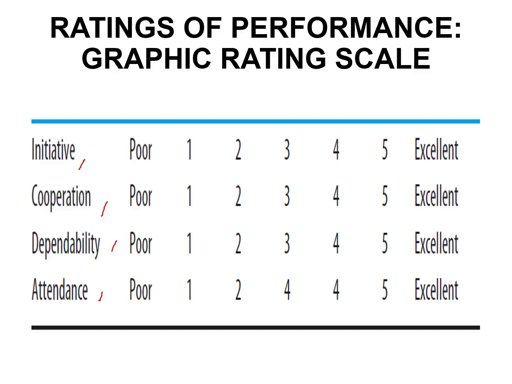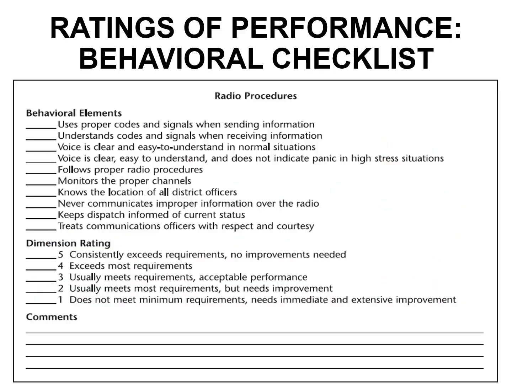Other than that, we have what we call behavioral checklists, wherein we list the different possible tasks that you need to do, and we determine by simply checking or leaving it blank if you were able to perform these different behaviors. Okay, so it's very easy to use.